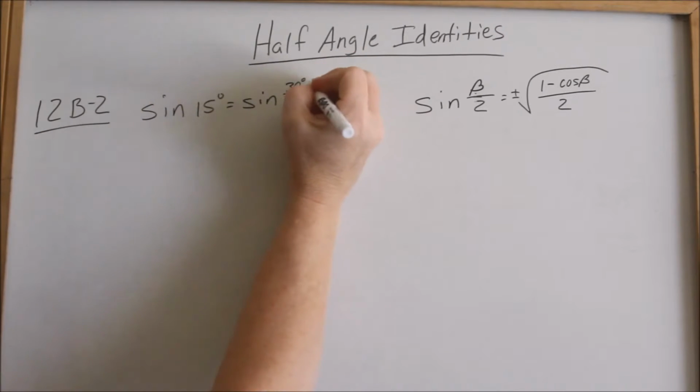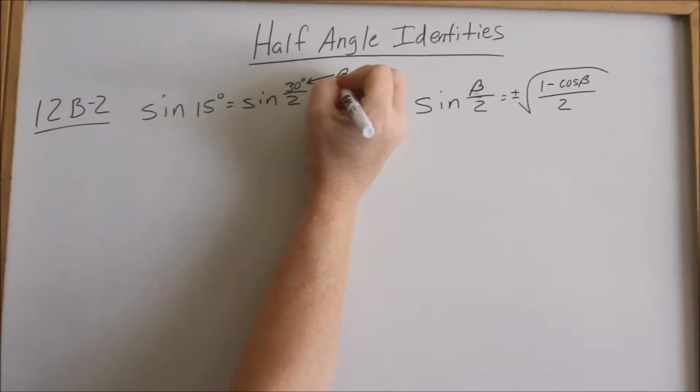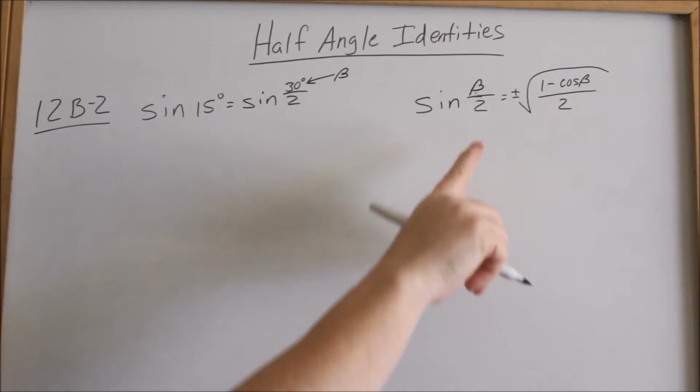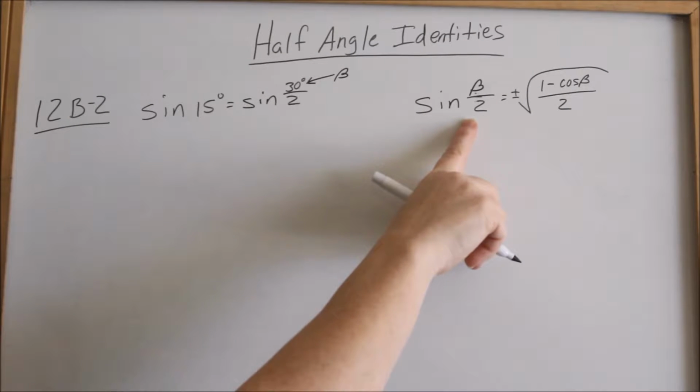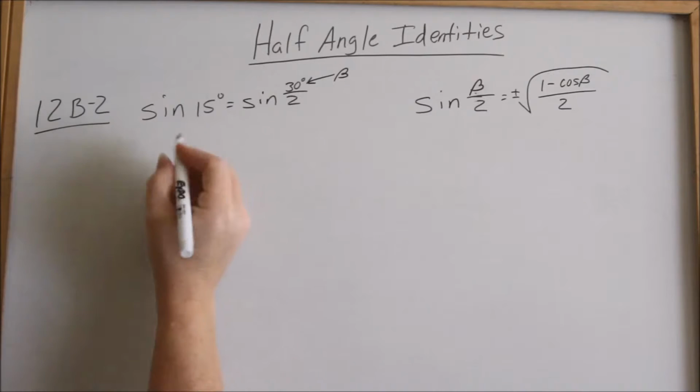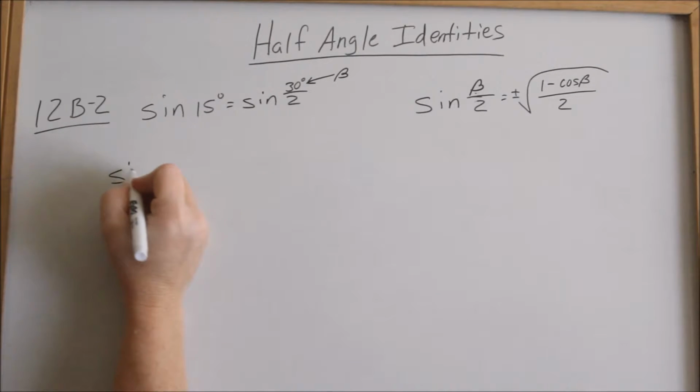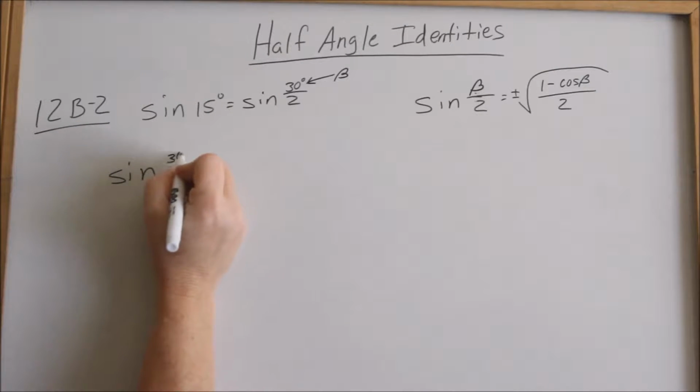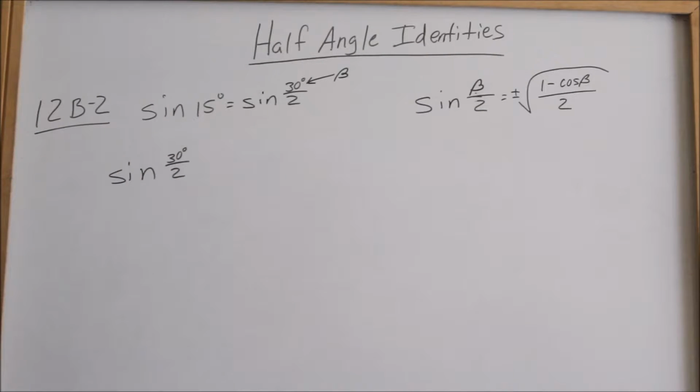So this 30 has become our beta. Everywhere we see beta in the formula, we replace it with 30 degrees. The instructions say to evaluate, so we're trying to find an answer, and they also say we can use our calculator.